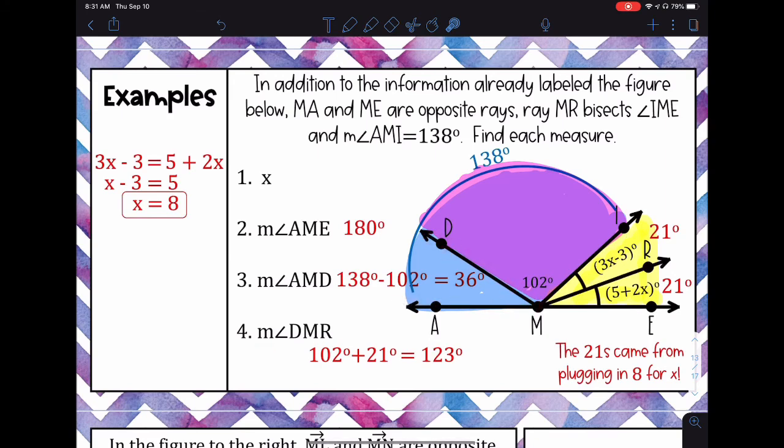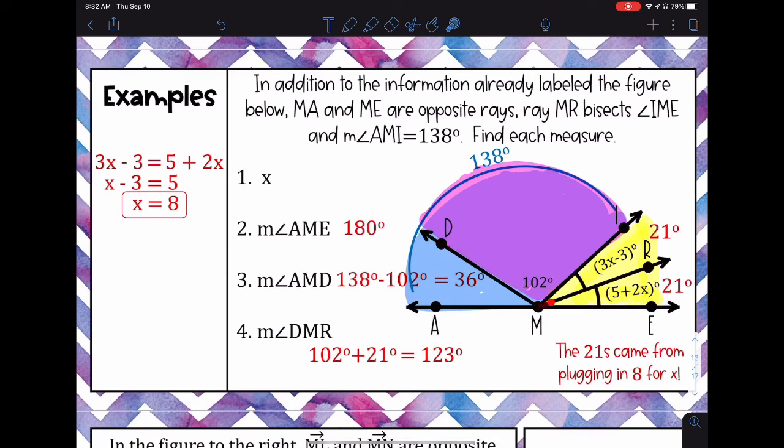Now it says find the measure of DMR. Well, I know what DMI is. I know what this guy is right here in pink. He's 102. DMI is 102, right here in pink or purple, whatever you want to call it.